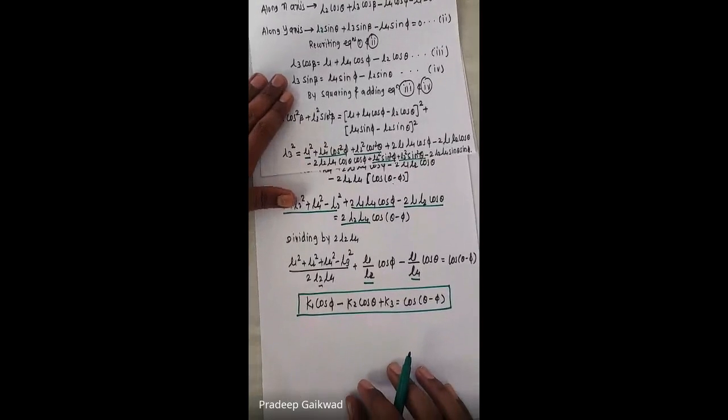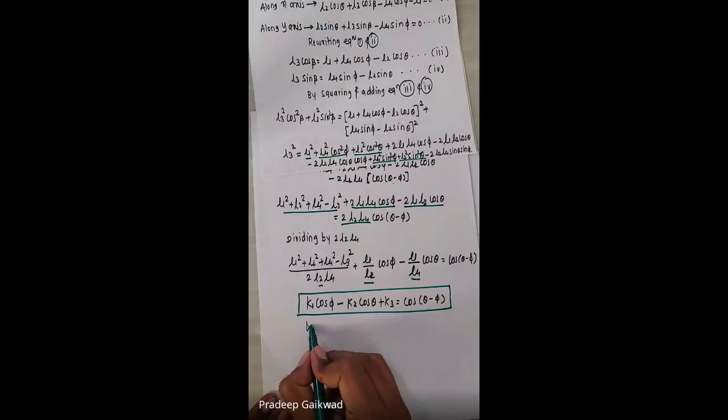And this equation which I obtain is known as Freudenstein's equation. K1 cos phi minus K2 cos theta plus K3 is equal to cos of theta minus phi is called the Freudenstein's equation, where we know what K1, K2, K3 are.